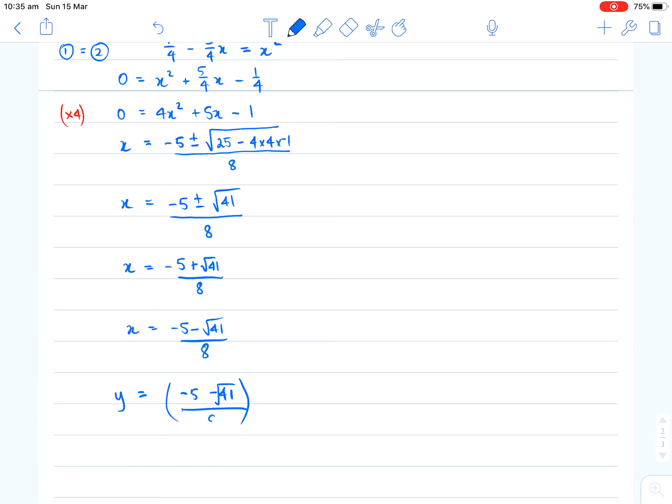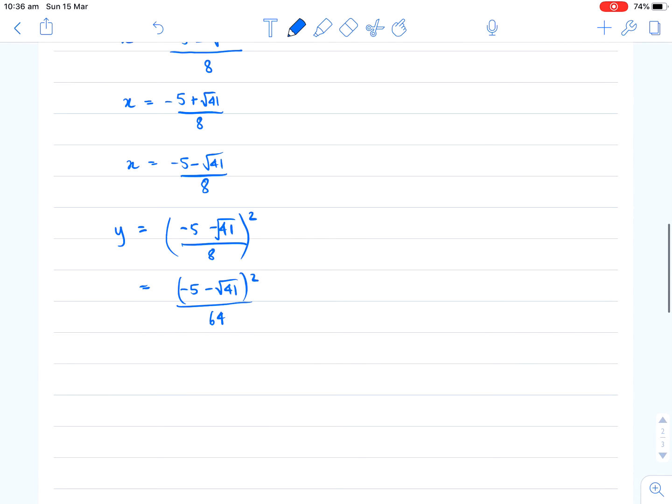So if I do y = x squared and my x value is (-5 - root 41)/8, and I want to square it, that becomes (-5 - root 41) squared over 64.